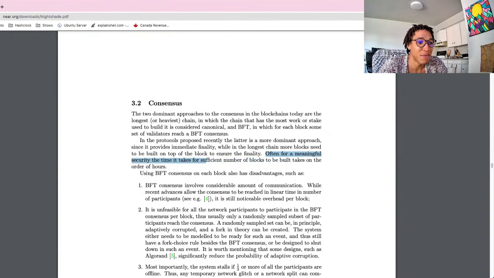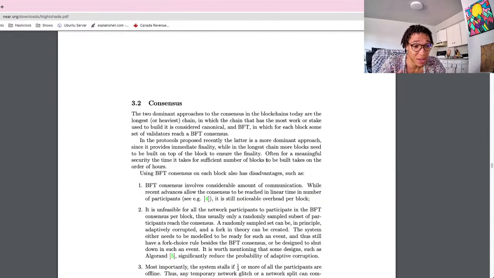Anyways, often for meaningful security, the time it takes for a sufficient number of blocks to be built is on the order of hours.